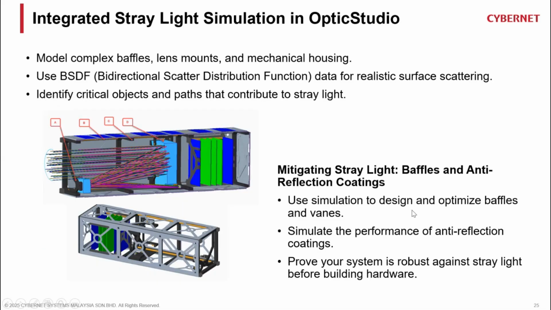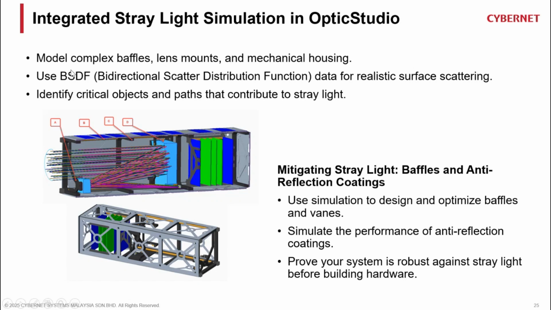Next is the design, how we can reduce this kind of stray light. Inside OpticStudio, we can convert our design into non-sequential mode. In this mode, first we can use AutoCAD mechanical, so we can model the complex baffles, the lens mounts, and also the mechanical housing.